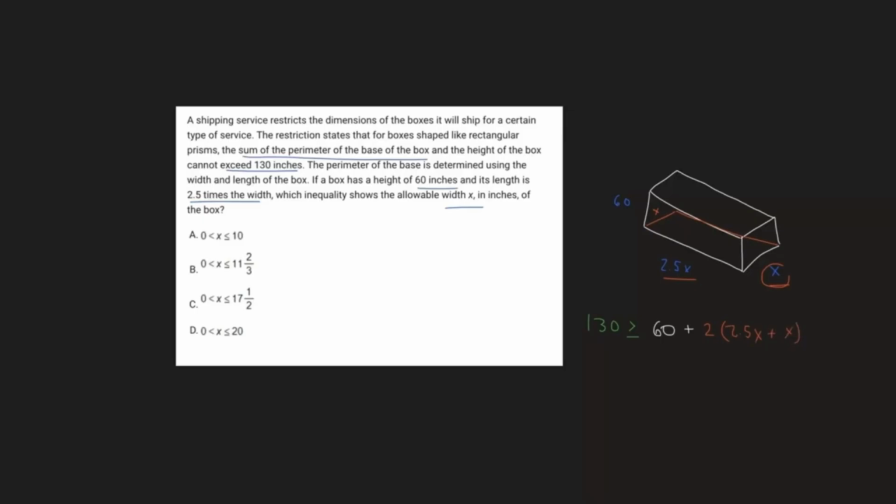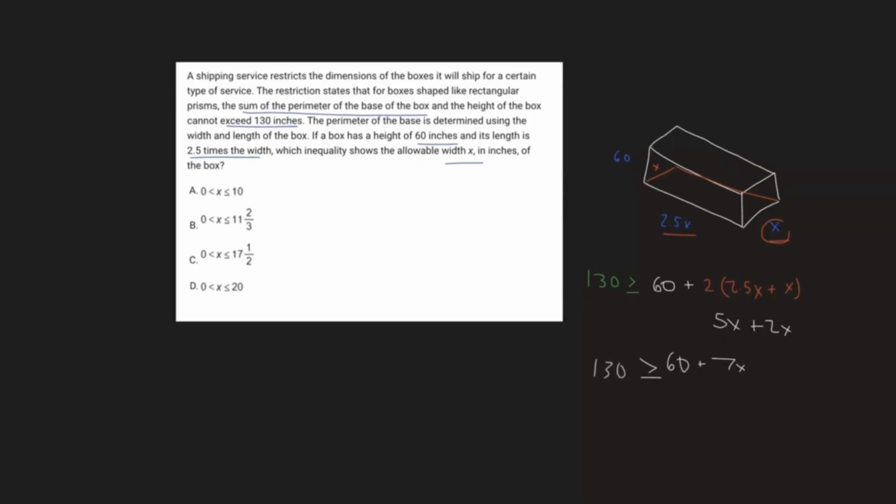All right, so now what we want to do is just expand this out. So 2 times 2.5x will just give us 5x. And then 2 times x is going to be 2x. And so we get 7x over here. So in our equation, we're going to have 60 plus 7x, and that is going to be less than or equal to 130.